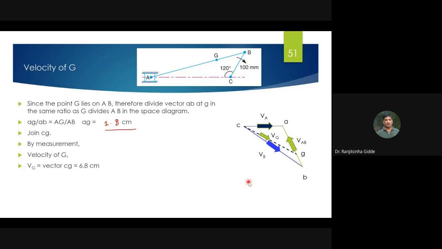Revannath, tell your value. Which value you got? Ajay, what is the value of vector cg? 6.7.